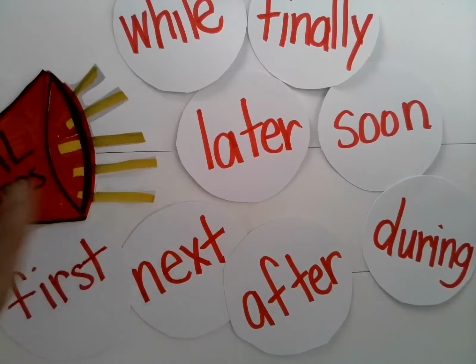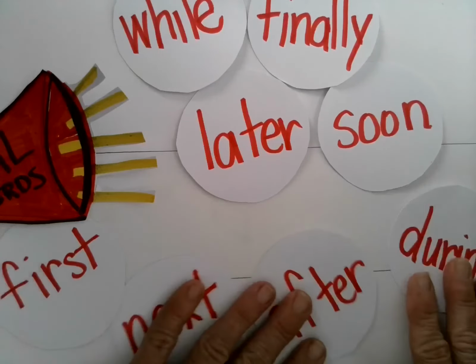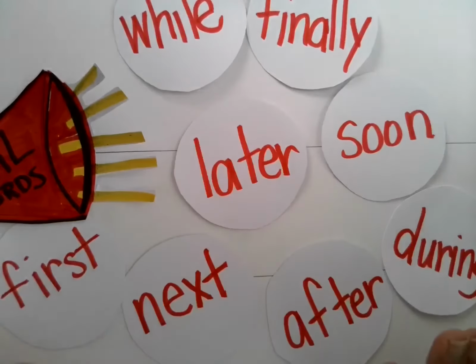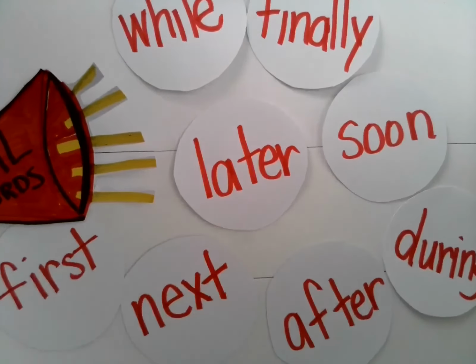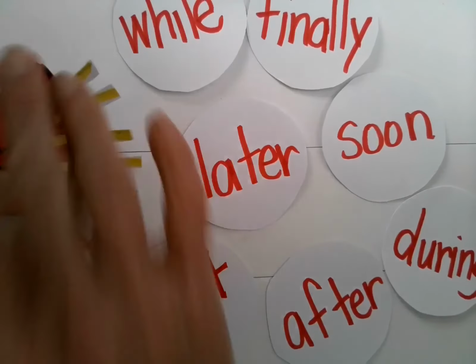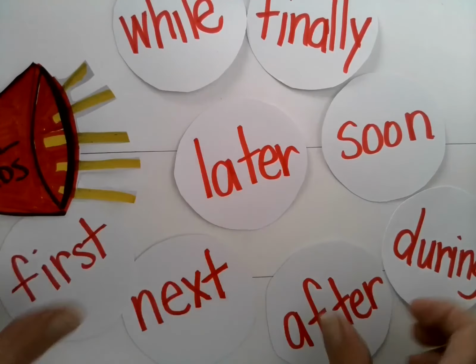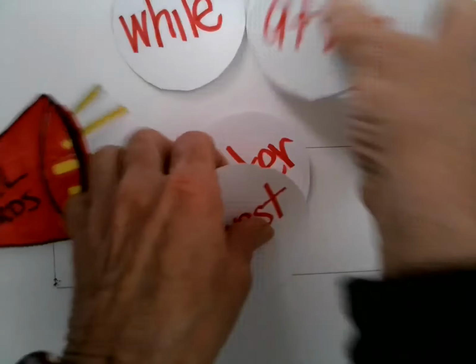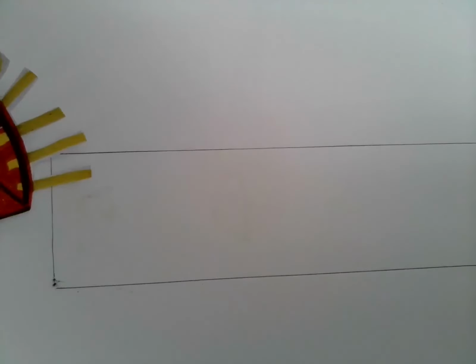So signal words signal the reader that, hey, the story's moving in time, or the directions are moving from the first direction to the second step to the third to the fourth. All of that time order, moving, that's what we're talking about. Moving in time. That's what chronological is. Okay? So let's take a look at what that looks like in text.